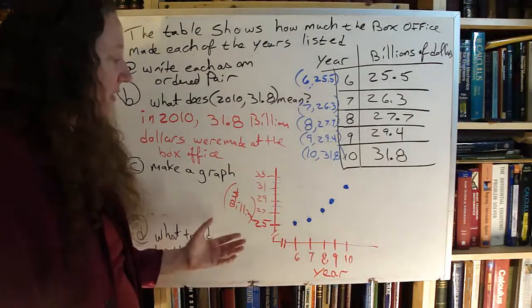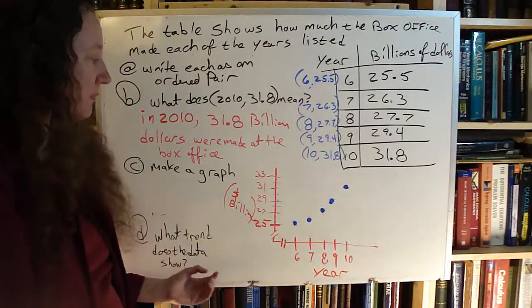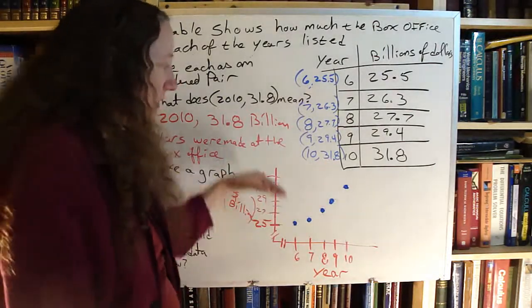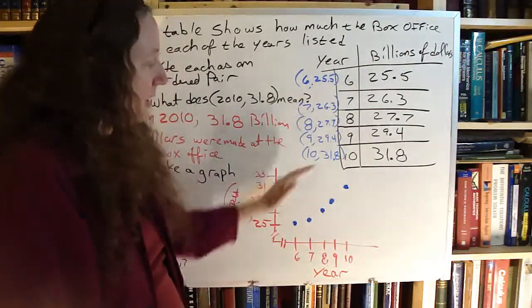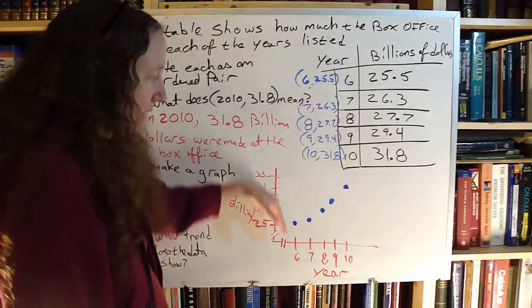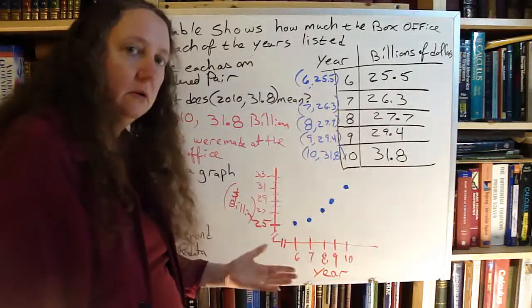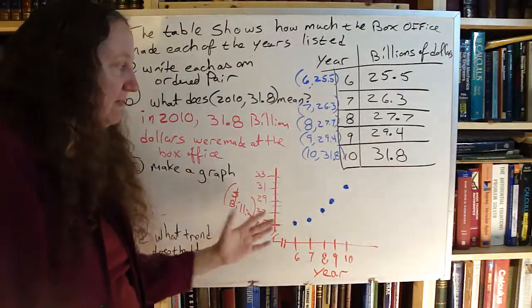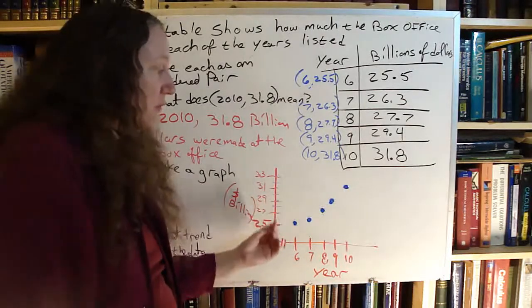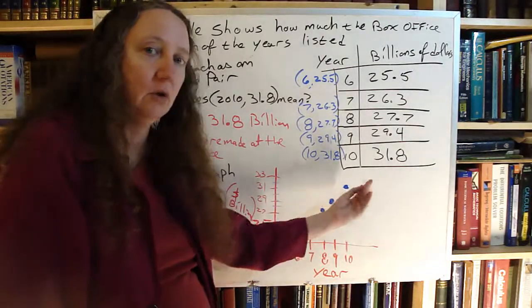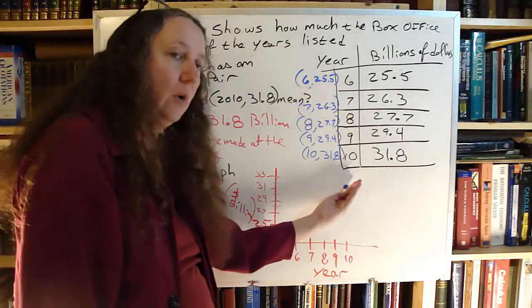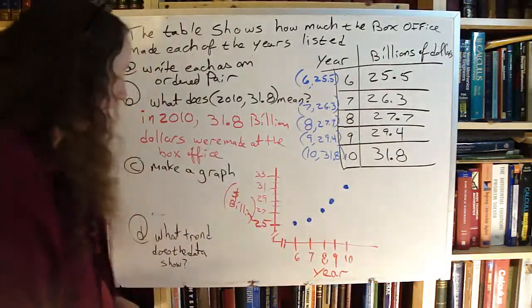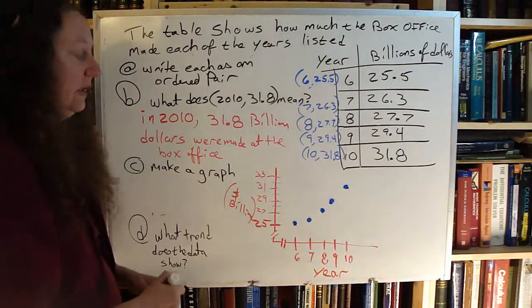So what they're asking here about the trend is, is it going up? Is it going down? Is it staying the same? Is it going up and then down? Is it going down and then back up? What is the shape of the, if you drew a line, what would the line look like? So here with this, it is going up. So it is increasing.